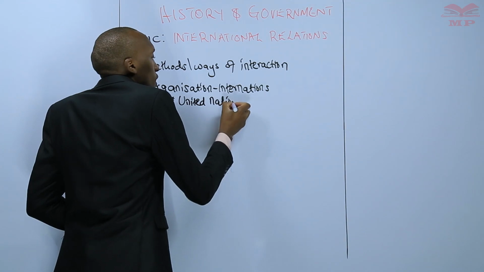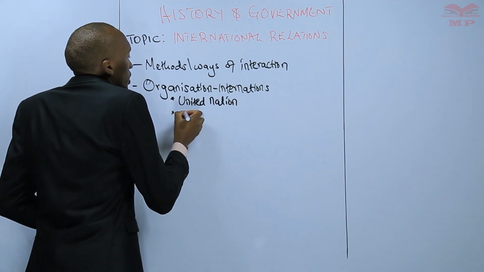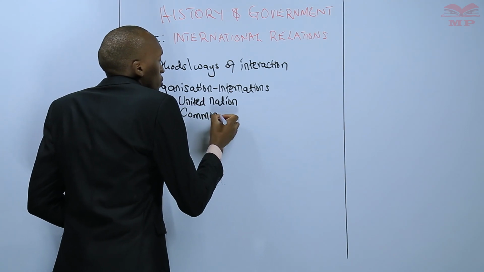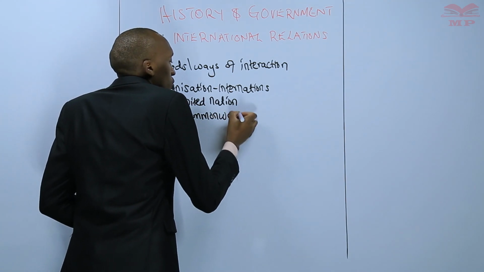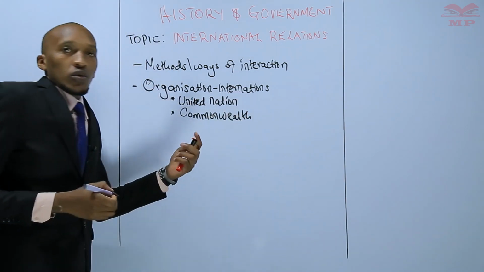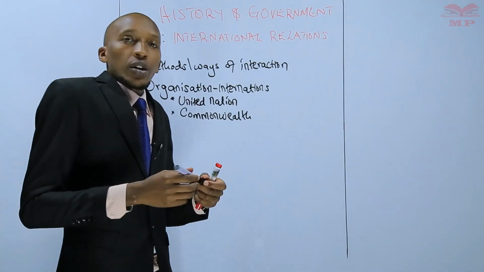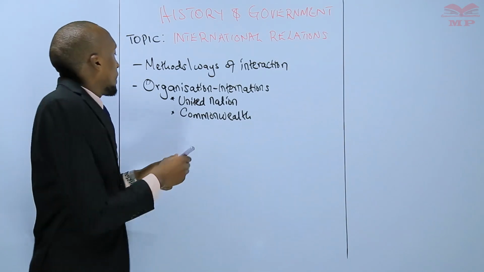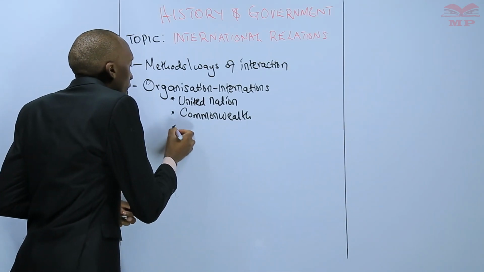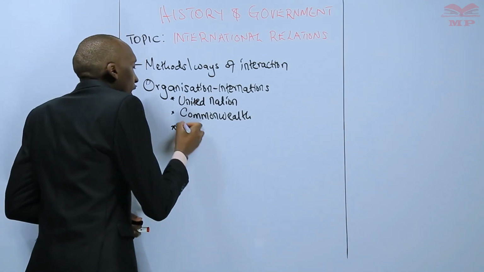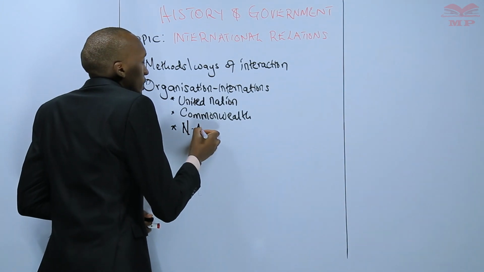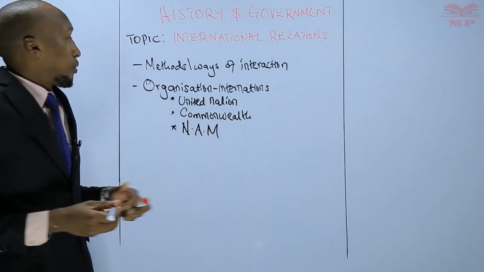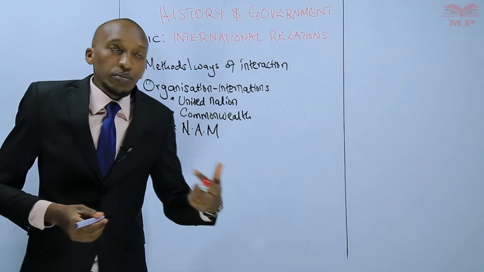That is the first organization that we are going to look at. Then we are also going to look at the Commonwealth. I'm sure you have heard that word. We are going to interrogate and learn what this organization is. And then we are also going to look at the other one, the non-aligned movement. Let me write it. It's the non-aligned movement. We are going to be discussing more.